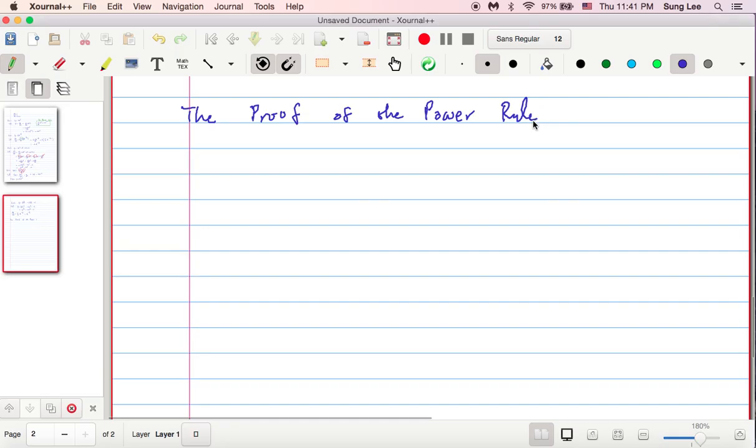Instead of using binomial expansion, it's actually the same idea, but in my case, instead of proving the derivative of x to the power n for n a positive integer using a binomial expansion, which is kind of complicated, what I'm trying to do is use an inductive way to show you how we can get the power law.